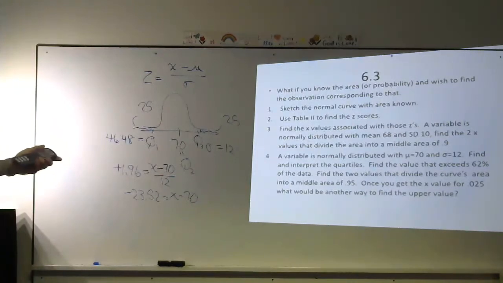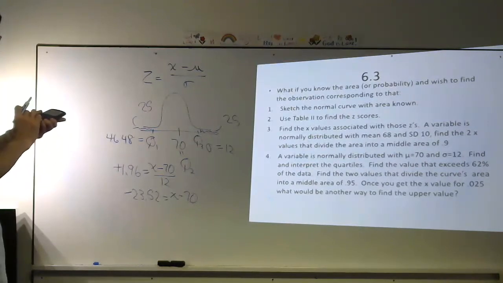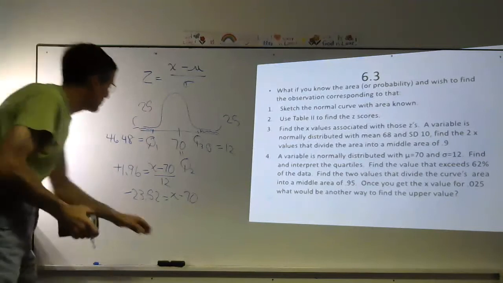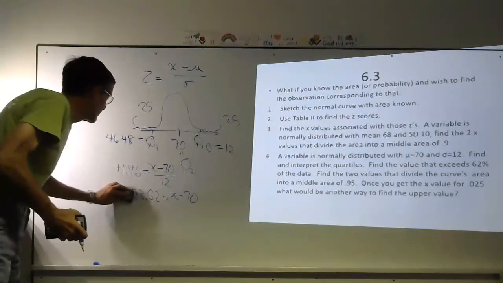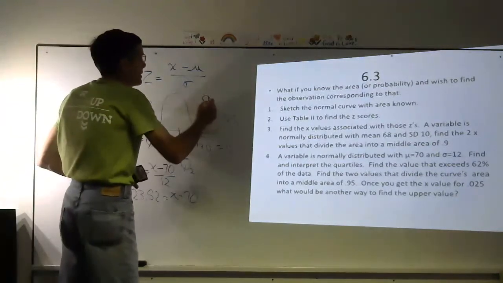So positive 1.96 times 12 equals positive 23.52. And when you add 70, you get 93.52.